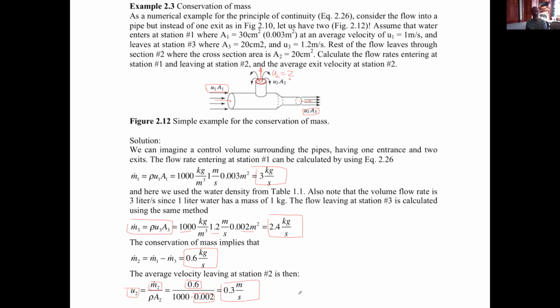So one more time, this is a very simple example of using the conservation of mass and calculating the flow rate and eventually the flow velocity. This is one more time a one-dimensional model. I'm not going to put more examples because the next one, I believe, is also about the momentum equations. Any questions up to this point? I'm trying to convince you that it's going to be fairly simple when we do these types of problems.